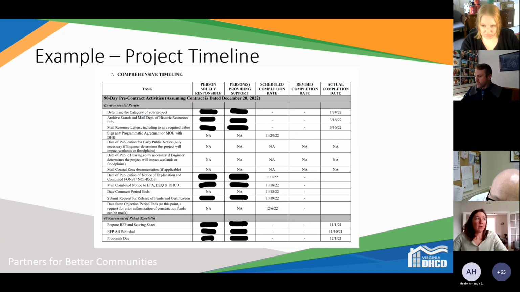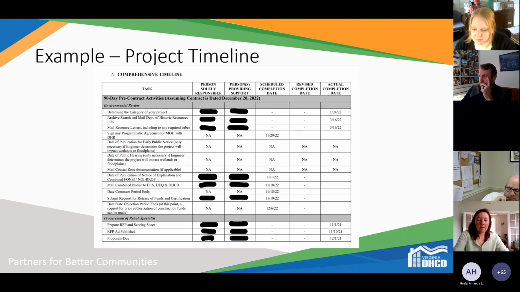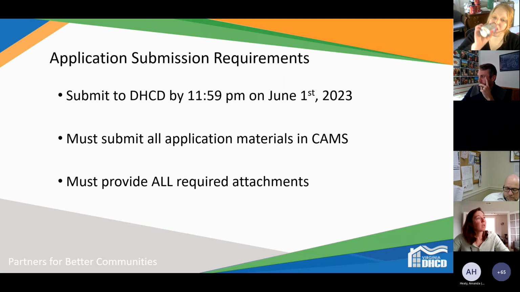So here they have the environmental review and when they expect it to be completed and which grant manager or staff is responsible for that task. And then they go all the way down through procurement and cost estimates, and then all the way down to construction ready. So seeing this timeline is really helpful for us as well.